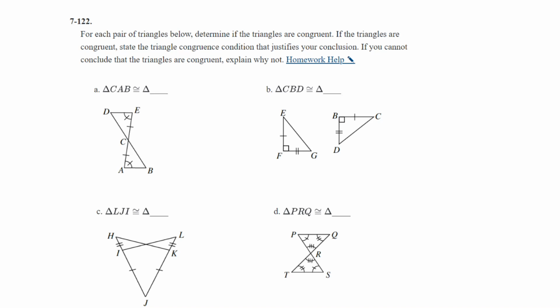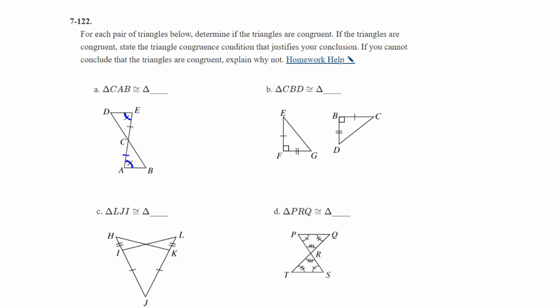Question 122. For each pair of triangles below, determine if the triangles are congruent. If the triangles are congruent, state the triangle congruency condition that justifies your conclusion. If you cannot conclude that the triangles are congruent, explain why not. Alright, so on part A, we see that we have angle CAB. So what you can see on the picture right away is that angle A and angle E are congruent.